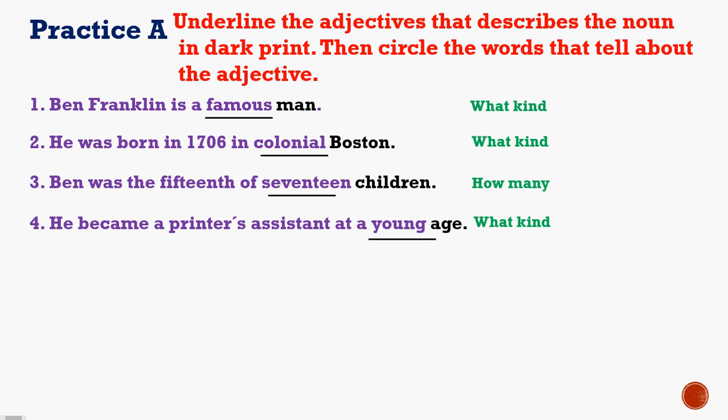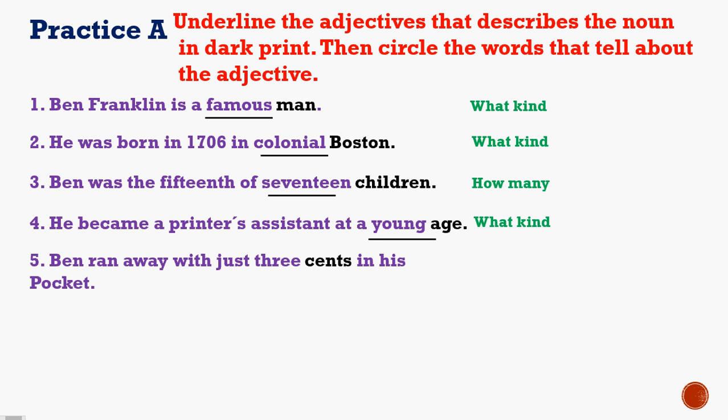It's about what kind. Number 5. Ben ran away with just 3 cents in his pocket. The adjective over here is 3. And it is about what kind or how many, guys? How many? Good job.